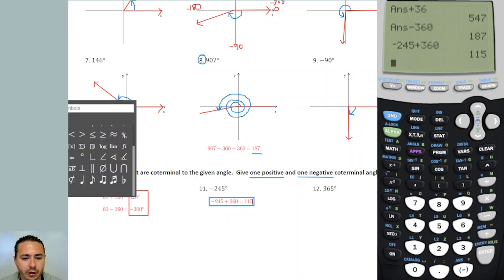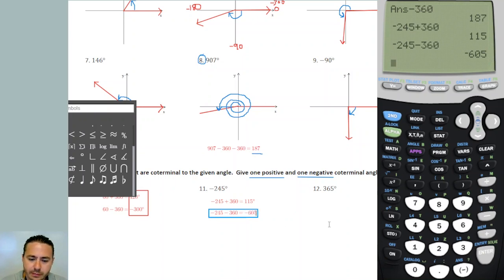And if I want a coterminal angle that's negative, I need to do exactly what I did on the last one, and that is to subtract 360 to rotate in the other direction. I need that negative in there. Okay, negative 605.